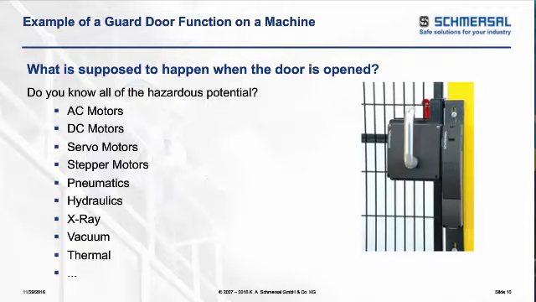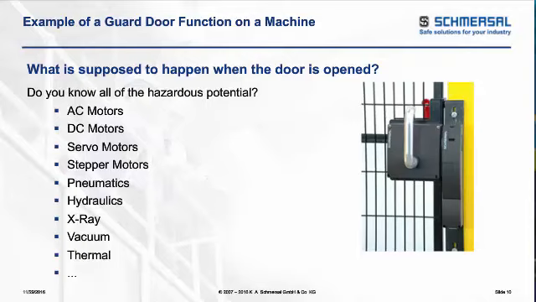Liquid nitrogen, liquid CO2, different things for refrigerants and freezing, which poses a hazard. Is it something that needs to be shut down or evacuated as a result of opening up that guard door? May or may not. You may need supplementary measures as well.